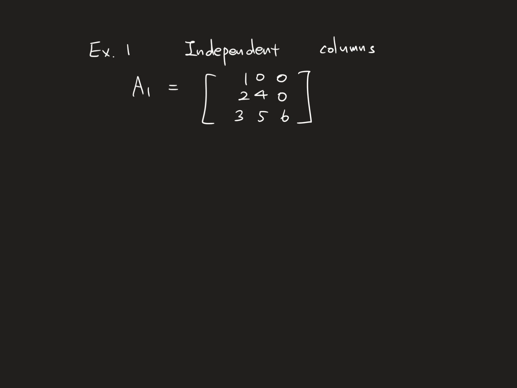This is an example of a matrix that has independent columns. We have 3 columns: (1, 2, 3), (0, 4, 5), and (0, 0, 6). But we can see that the 3 columns are linearly independent, because we cannot generate any column using the other two column vectors.